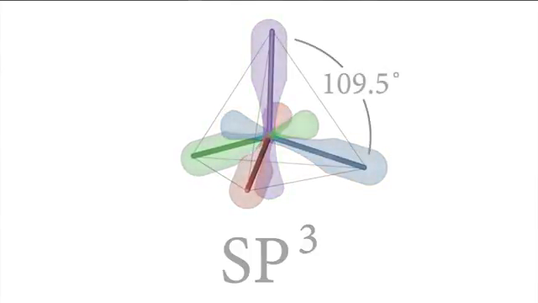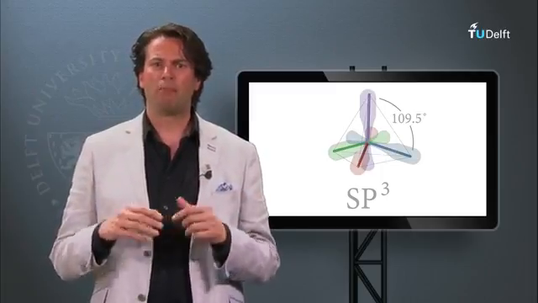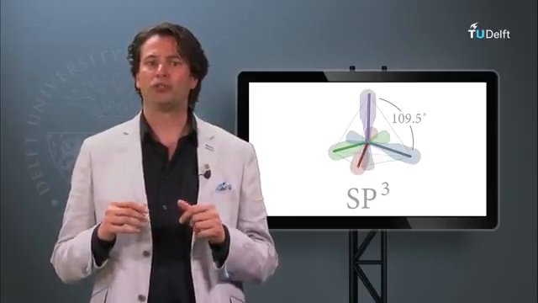The animation demonstrates the mixing. The 4 resulting symmetric states are called the sp3 hybrid. In nature, the 4 valence electrons behave like they are in these 4 sp3 orbitals. The orientation between these 4 orbitals corresponds to the tetrahedral coordination with an angle of 109 degrees between them.